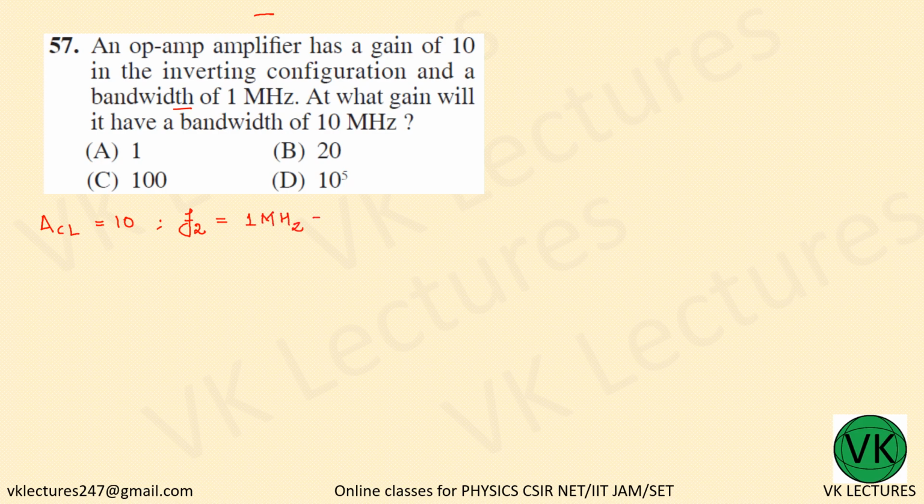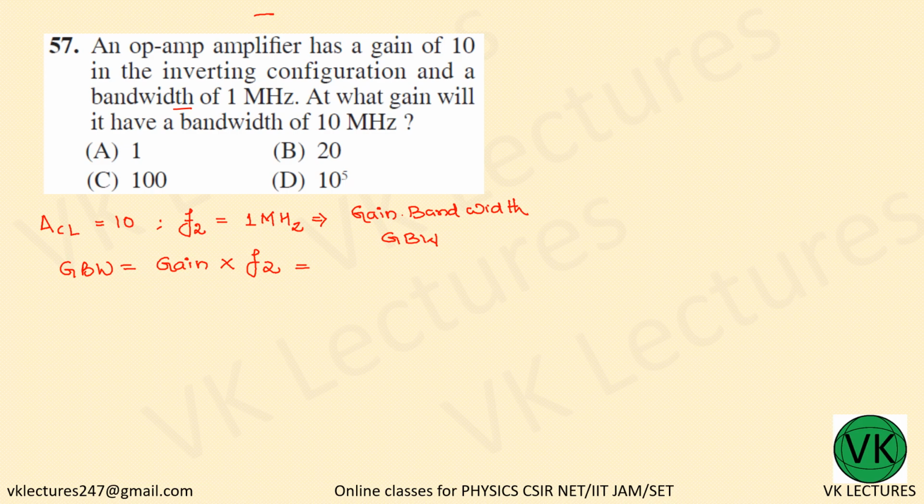Now there is a quantity called gain bandwidth, which is denoted by the letters GBW, which is given by GBW is equal to the gain into the frequency F2.